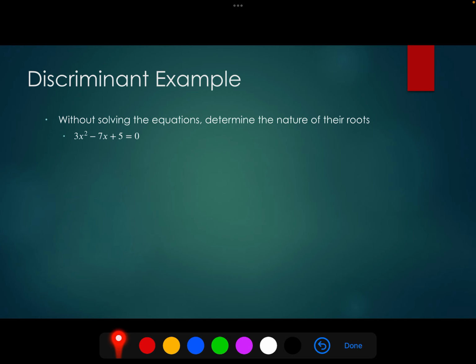So first we have 3x squared minus 7x plus 5 is equal to 0. We start by doing our discriminant, which is b squared minus 4ac. Here we have our a, our b, which is negative 7, and our c, which is 5. So we do b squared, so negative 7 squared, minus 4 times our a term, which is 3, times our c term, which is 5.